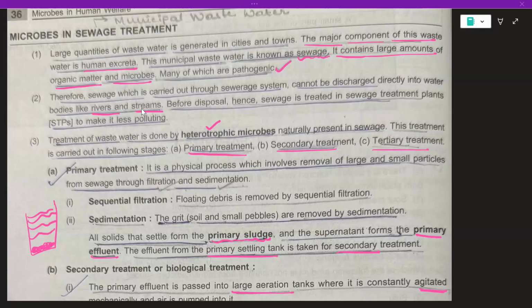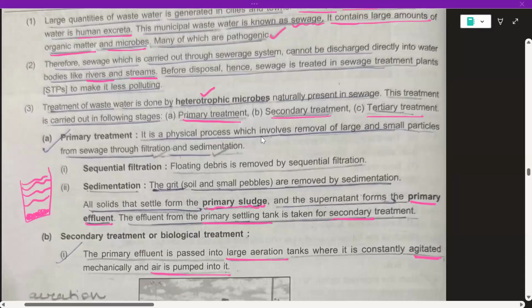The sewage that is collected must be treated before it is dumped into the water body, so that no pollution is caused. The treatment of the sewage water is done by the heterotrophic microbes that are present in the sewage itself.